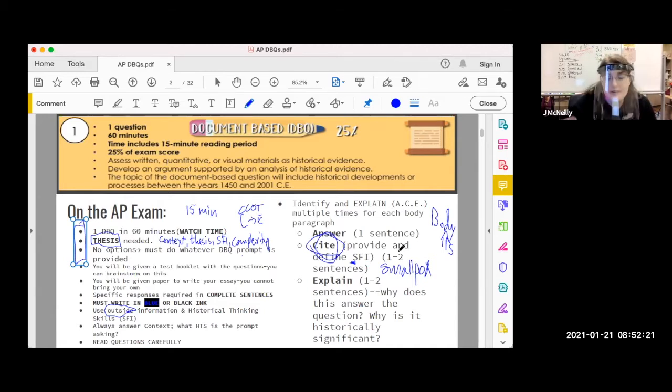Okay, so grammar is incredibly important for this test, because if you're writing an SAQ and you're just writing in dependent clauses or incomplete sentences, or you're missing a verb, even if your SFI is correct, they're not going to give you the points. Okay, so make sure that you're practicing your grammar like with our bell ringers every day.